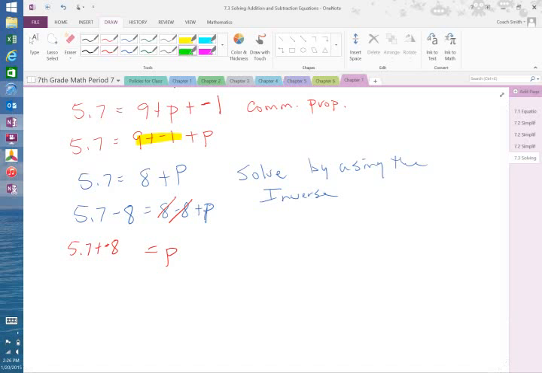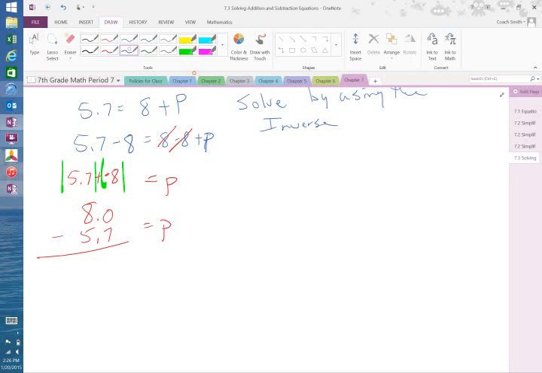I have a positive and a negative, so I must take their absolute values. The absolute value of negative 8 is what, Jesse? 8. And then the absolute value of 5.7 is 5.7. So I'm subtracting their absolute values.